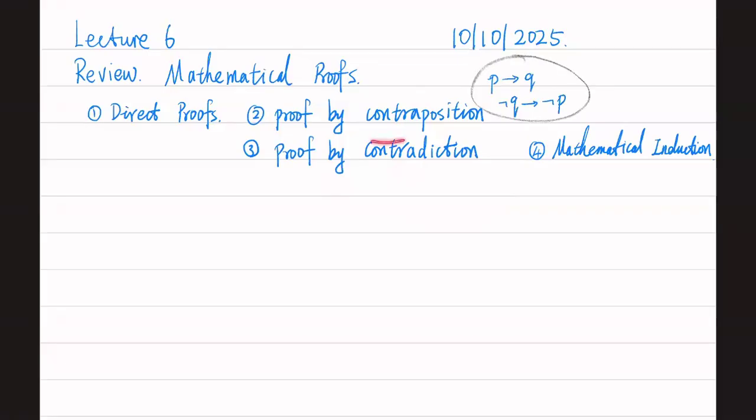For the contraposition, we have a precise hypothesis and a precise target. And for contradiction, we have the opposite of the conclusion, and the contradiction arises during the proof.